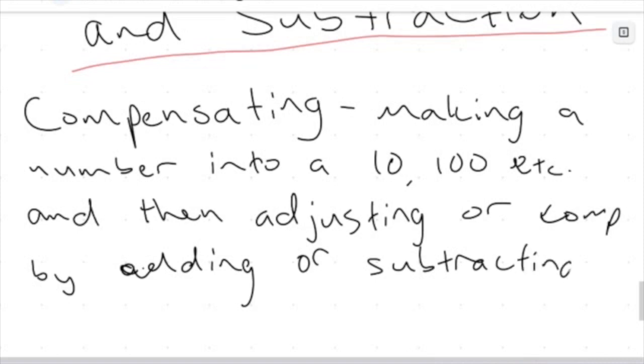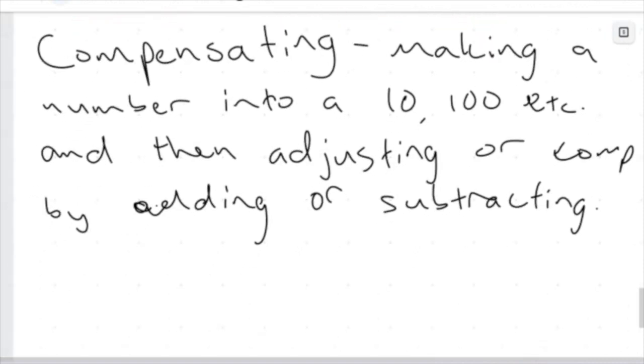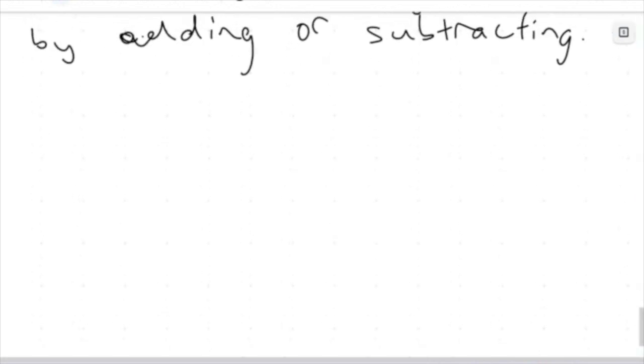Okay, cool. So let's look at a couple of examples. Let's just jump straight into it so I can show you what I mean by this. Okay, so example one, we're going to try to find what 46 plus 9 is. Now, this is a relatively simple example.